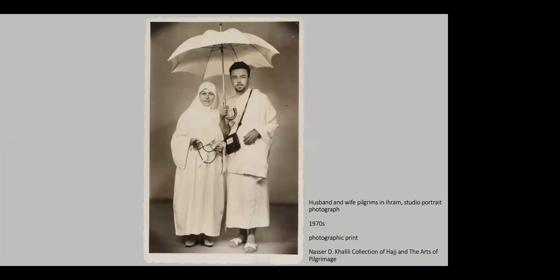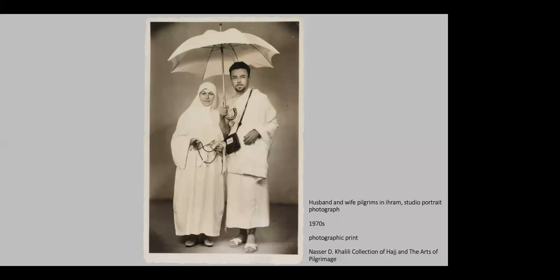And finally, professional studio photography came to be used almost as a form of tourist memorabilia too, in capturing for pilgrims their experience. Here we see a married couple performing or about to perform Hajj, dressed in ihram. This describes a state of ritual purification that pilgrims must reach before entering the sacred territory of Mecca.